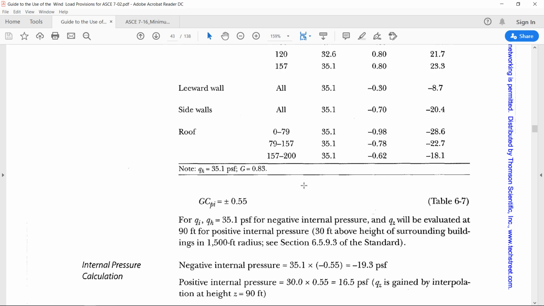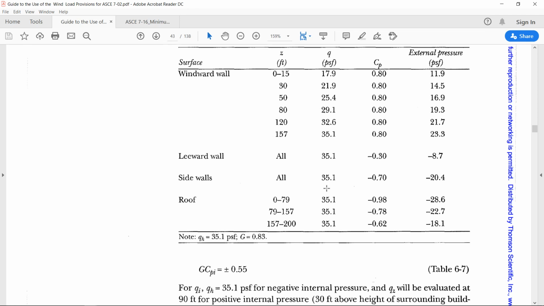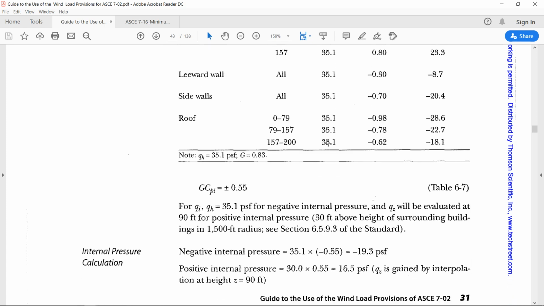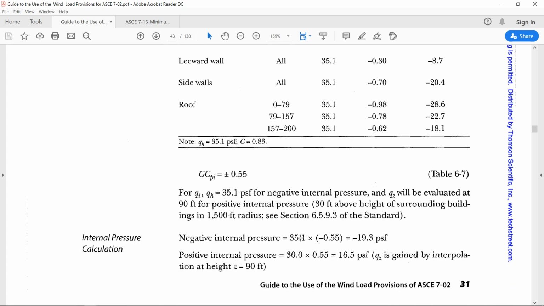And 35.1 is the pressure at the highest point, that is at 157 feet high, qh is equal to 35.1. So this internal pressure is calculated by multiplication of the GCpi coefficient and the qh of 35.1.